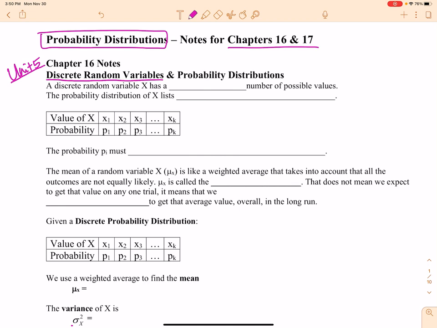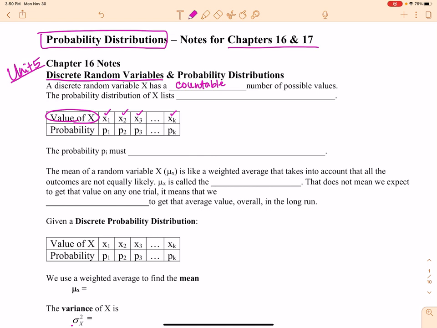A discrete random variable, x, has a countable number of possible outcomes. What that means essentially is that when I create a distribution for the value of x, all of my values are going to be countable, like 1, 2, 3. And it doesn't have to go in order.